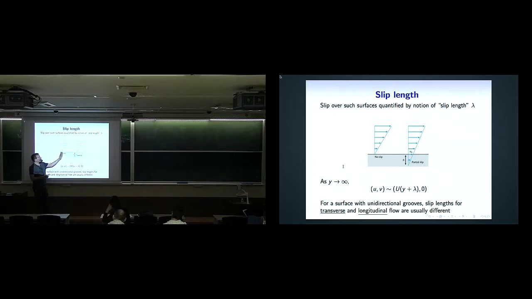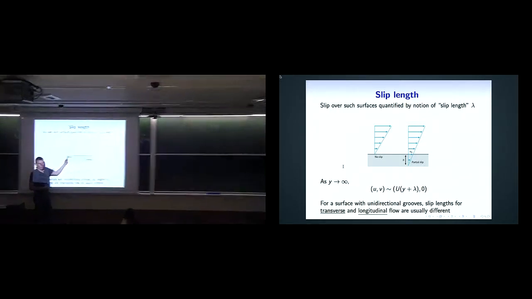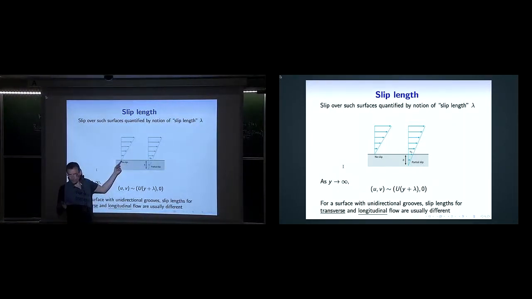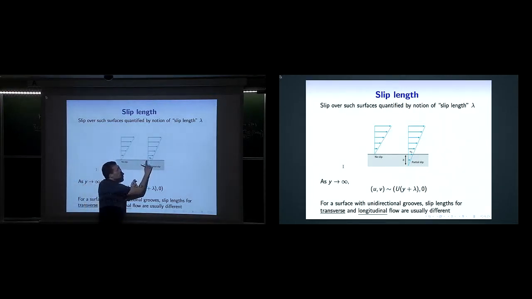Then it would be no slip. So if you had a shear flow over it, it would vanish here by no slip condition. But you see, suppose that, if you looked on a microscope at this little surface, there were lots of little menisci, and far away it would just look like a surface. But now if you had a shear flow over it, it would be slipping over the surface because of the presence of the free surfaces, the little meniscus, very small scales.